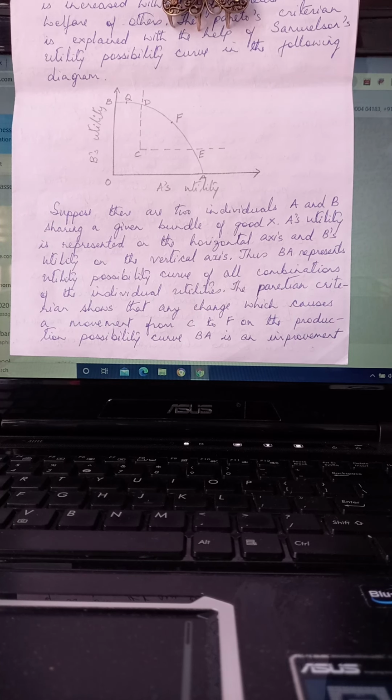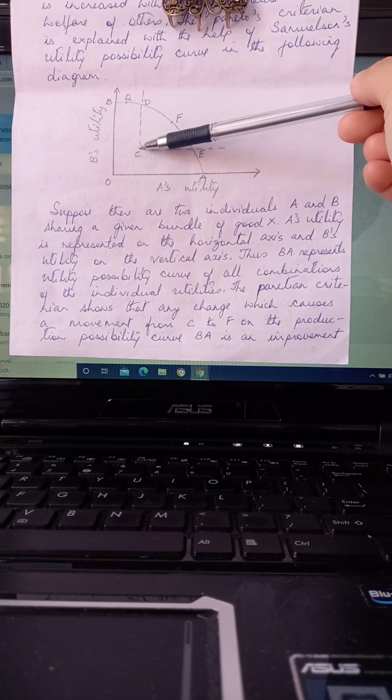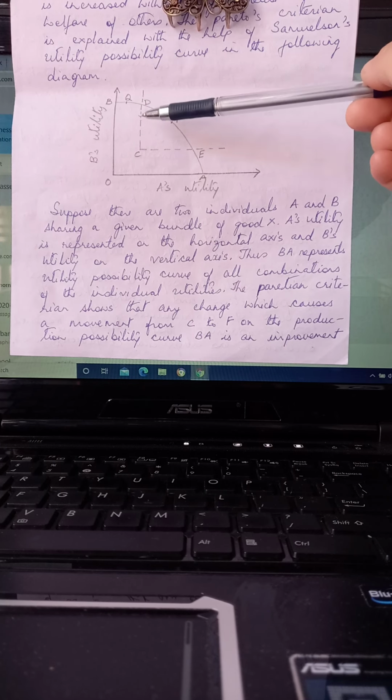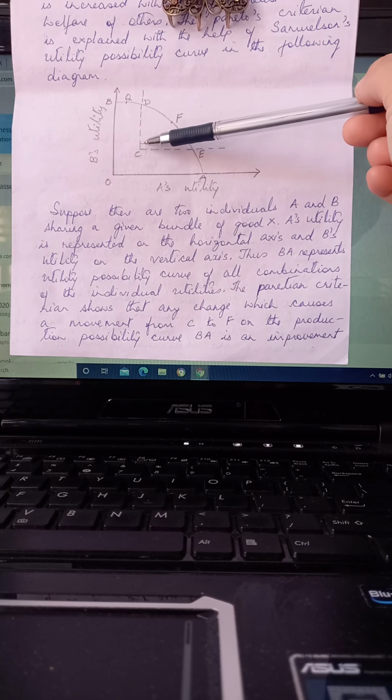Why? Because even though B's utility has improved, A's utility remains the same as at point C. He received what he did receive earlier. There is no change.